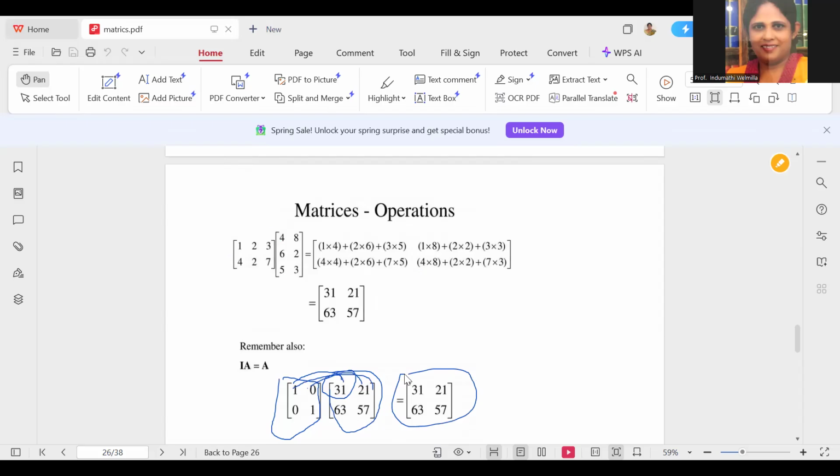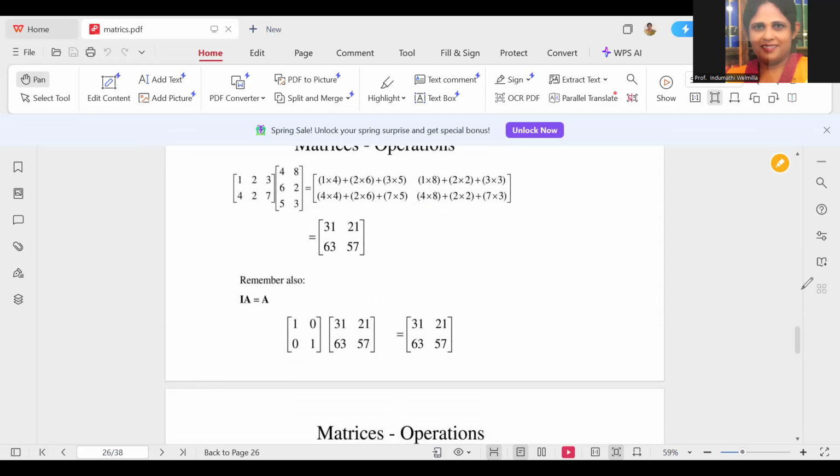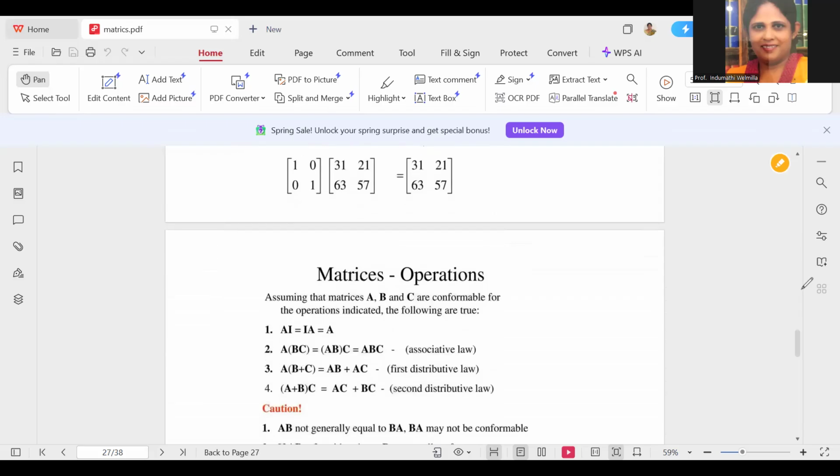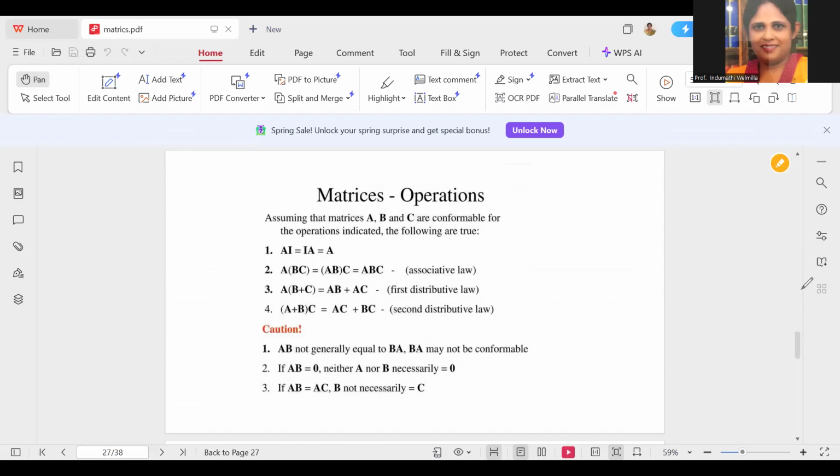So it is very clear, because we need to manage our time, I will move to the next one. This is another matrix operation. You can check it following my materials already uploaded into the LMS. If we multiply any matrix with the identity matrix, we get the same one.